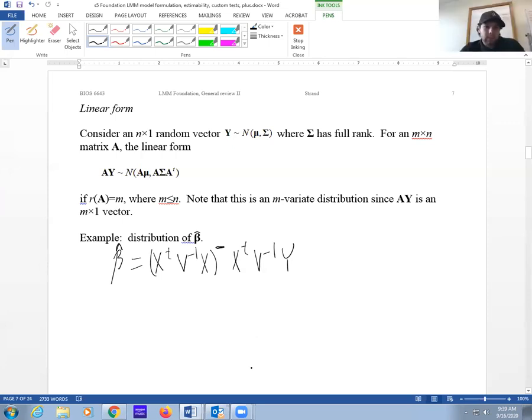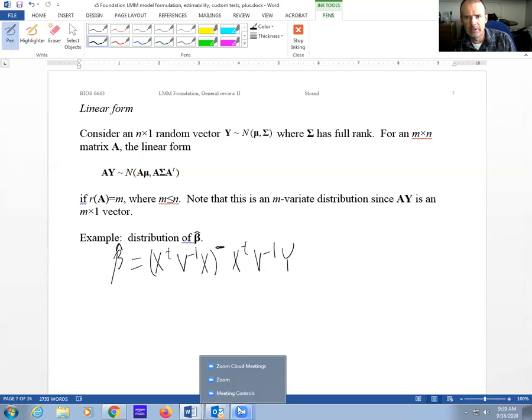If X has full rank, this dash in the superscript becomes a -1, and that will be a true inverse. So I've written a more general form, and if you go to the SAS help documentation, you'll see this form. That's an important point.